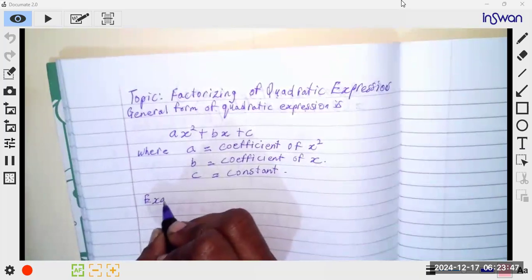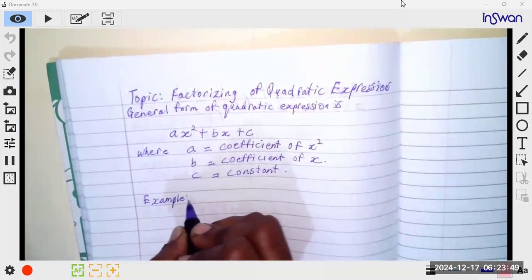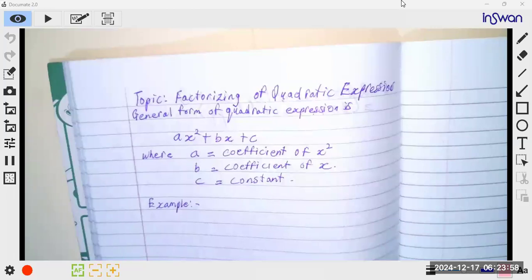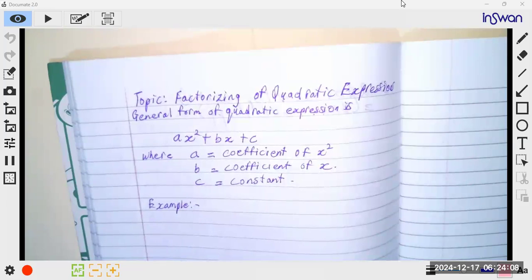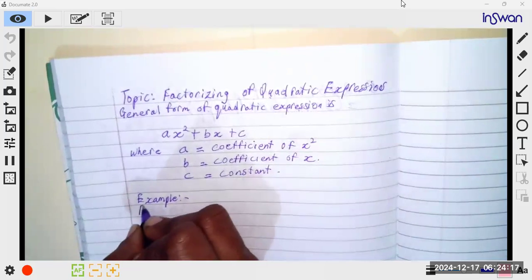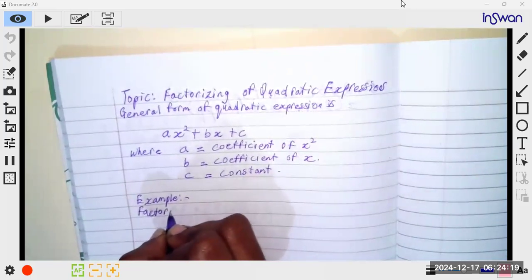Now there are more than one way to do this. A lot of ways to do it. I'll show you one method which we call the box method, right? And I'll show you the other method. Okay, so factorize the following.